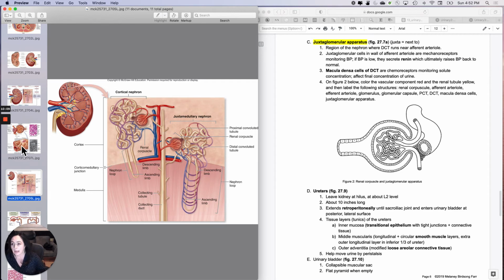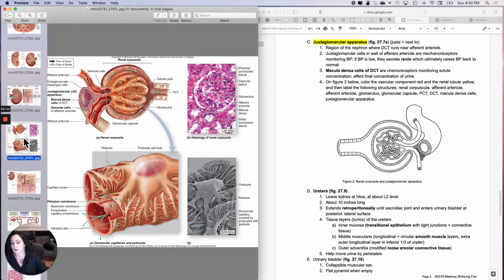So when the distal convoluted tubule comes against the afferent arteriole, it creates this region right here, and this region is called the juxtaglomerular apparatus. And that's a really important physiological region.